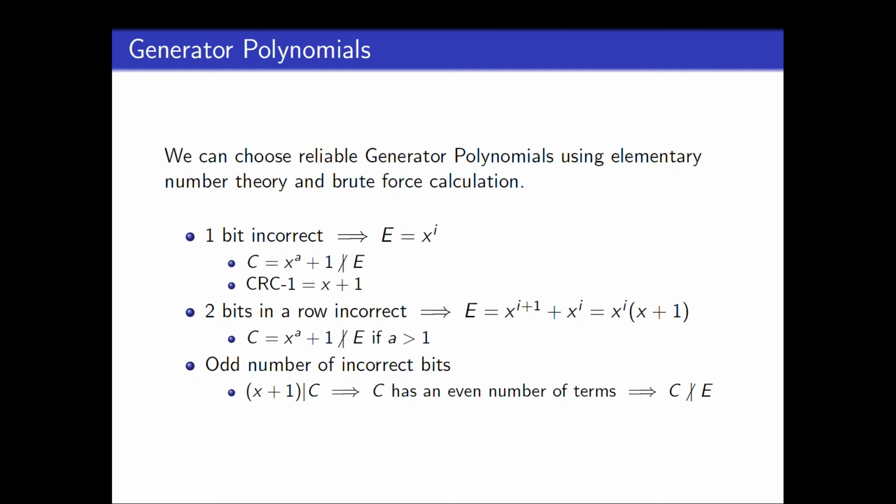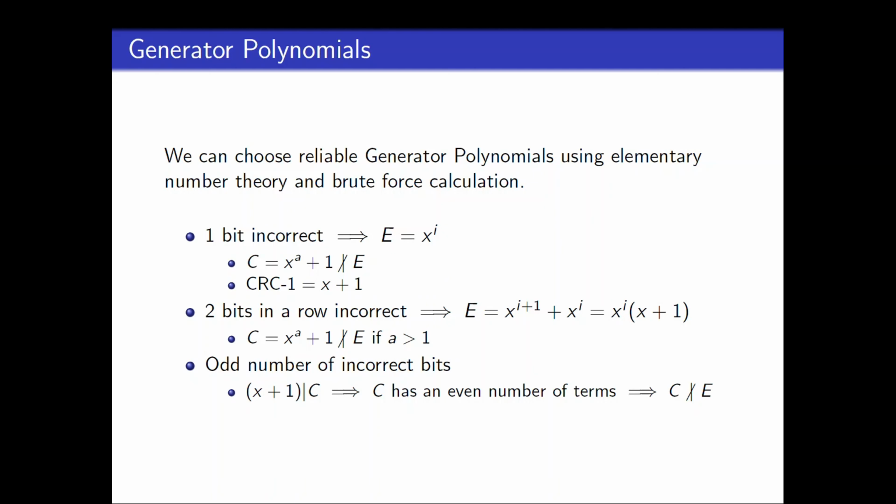So for choosing a good generator polynomial to decide upon, to look at at least half of any errors that may occur, all we need is x plus 1 to be a factor of our generator polynomial.